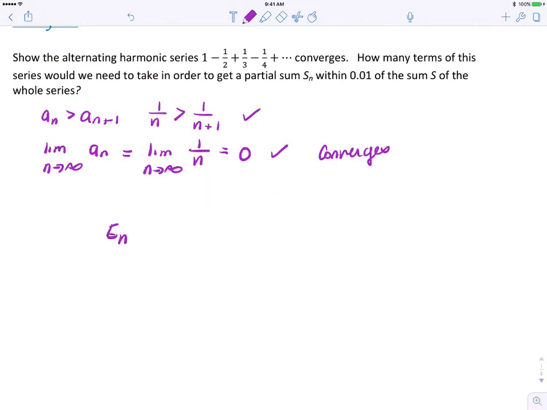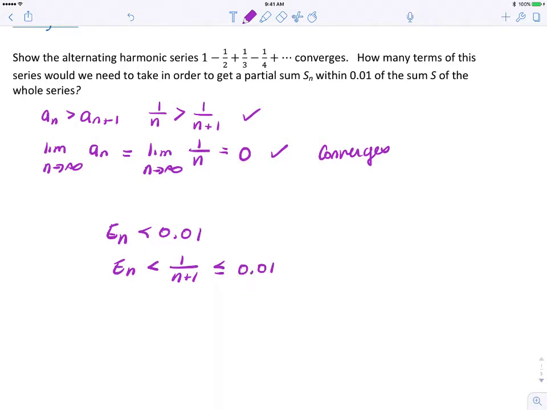Second part, we want the error term to be less than 1/100th when using the nth partial sum to approximate the sum of the series. We know that the error term is less than 1 over n plus 1, and we want that to be less than or equal to 0.01.